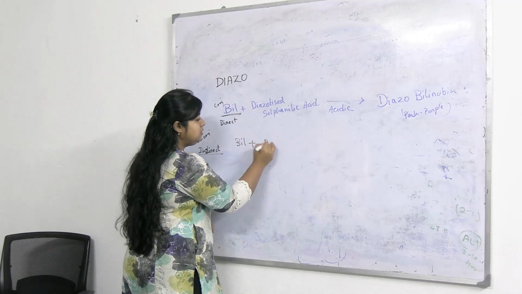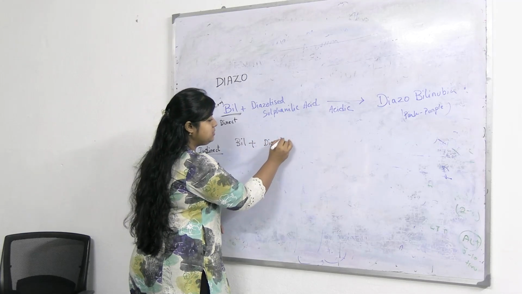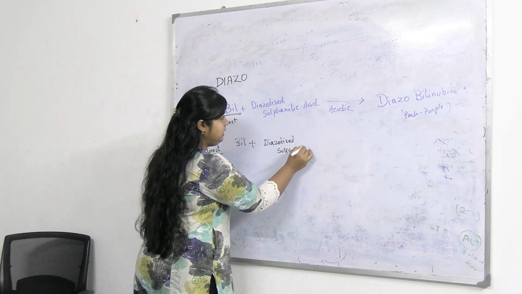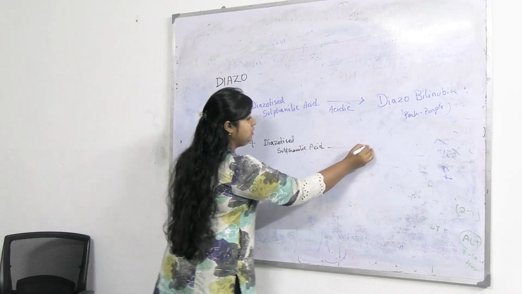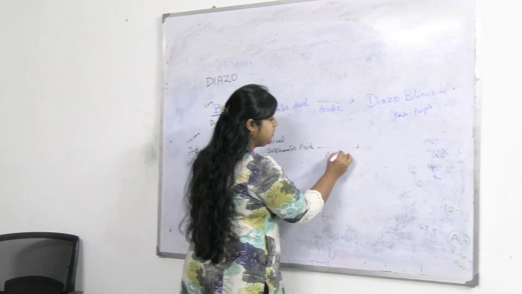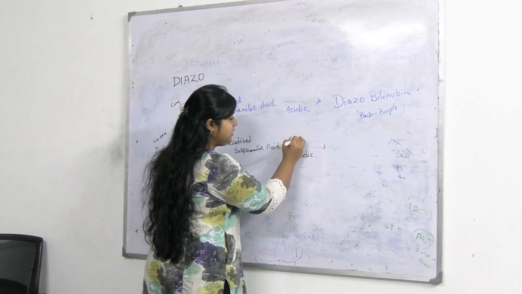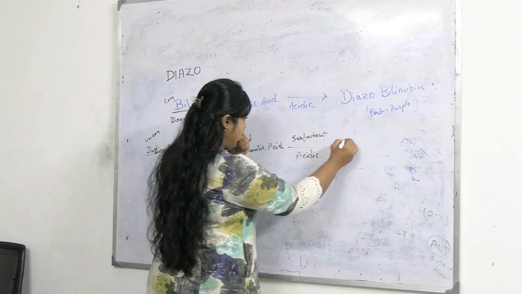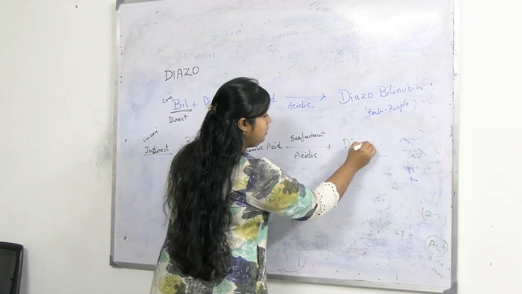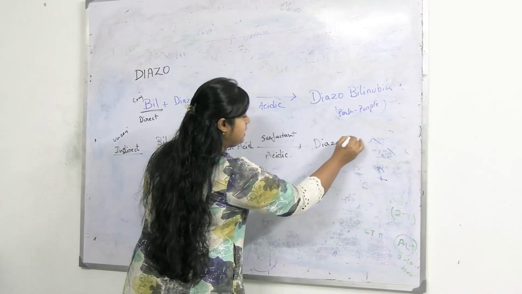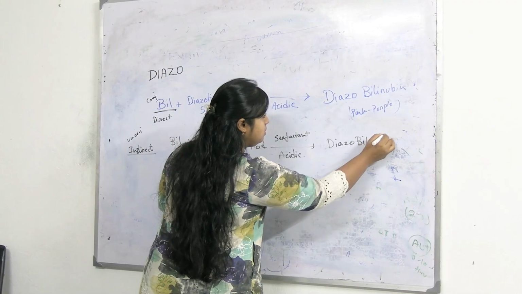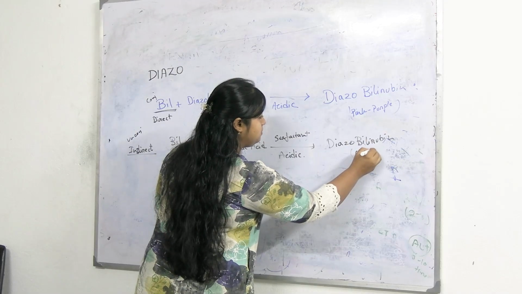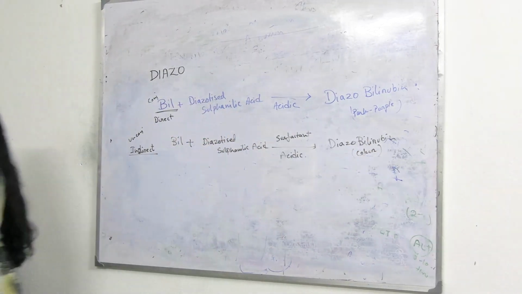Here this reaction remains the same: bilirubin plus diazotized sulfanilic acid in acidic medium, but here a surfactant is added. Now it will solubilize the indirect part to give the colored compound, the same color, pink purple.